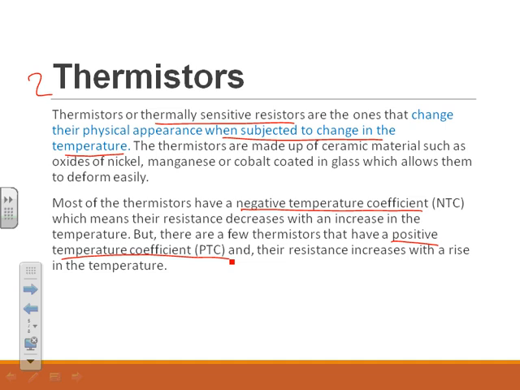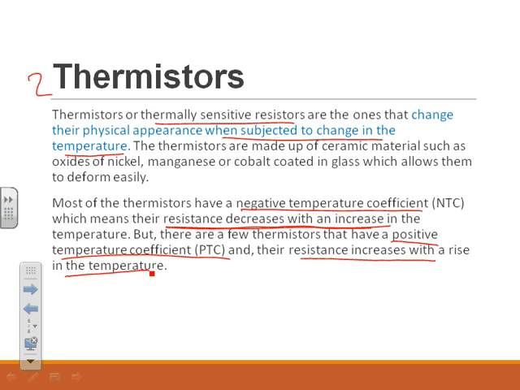Negative temperature coefficient, or NTC, means their resistance decreases with an increase in temperature. In positive temperature coefficient type sensors, the resistance increases with the rise in temperature. It is called positive temperature coefficient.